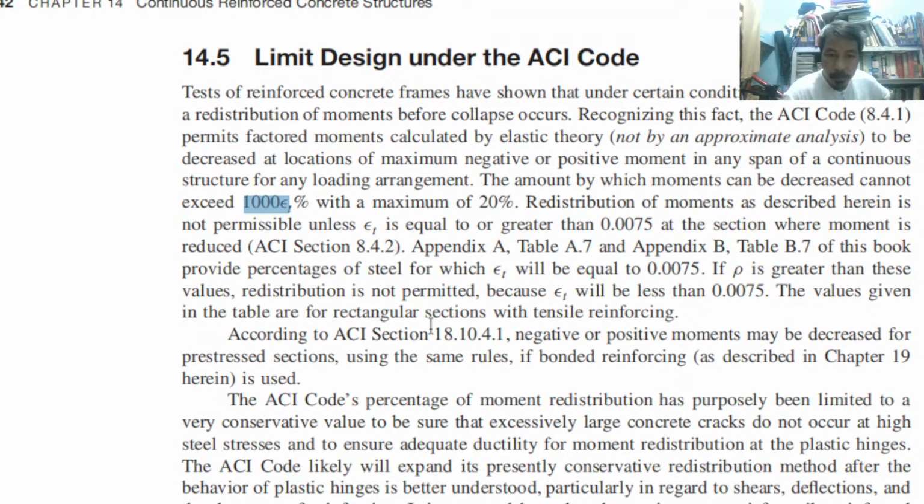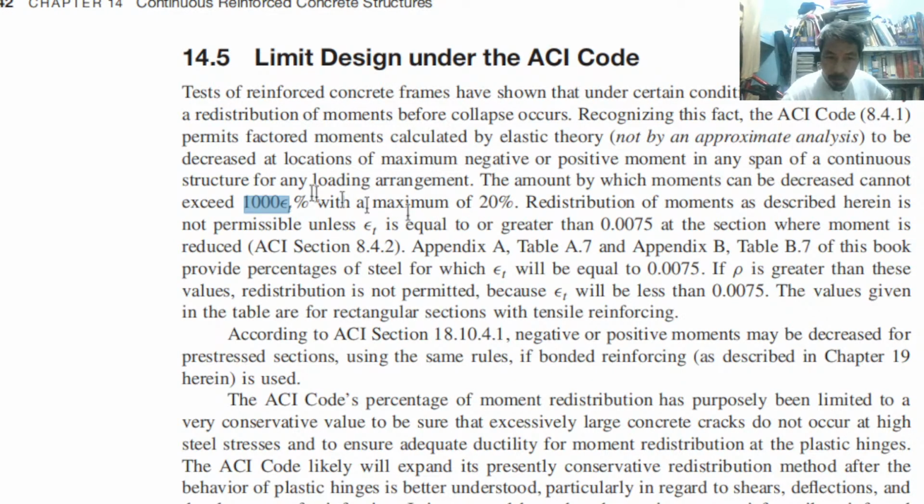So 10 to 20%. The redistribution of moments as described herein is not permissible unless epsilon t is equal to or greater than 0.0075 at the section where the moment is reduced.